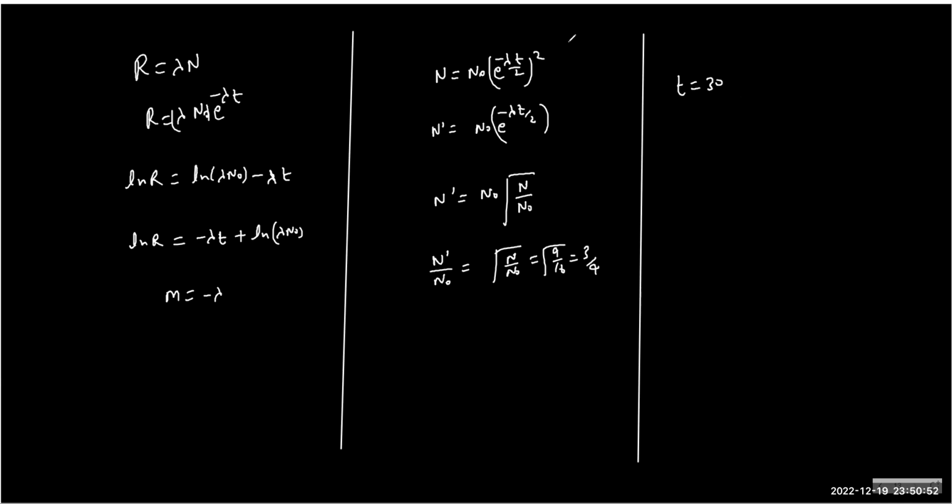Oh, sorry, my bad. This is 30. T half we have to find, ln, so log 2 of 700 by 500. So we can write T half equals to... yeah, fine. So log 2 of 7 by 5, right?